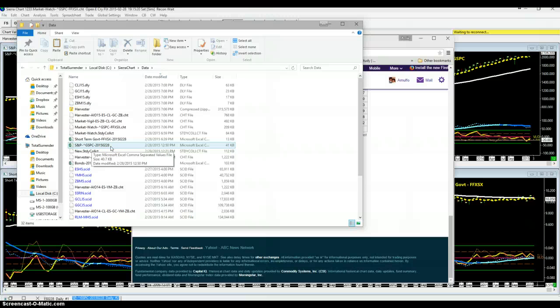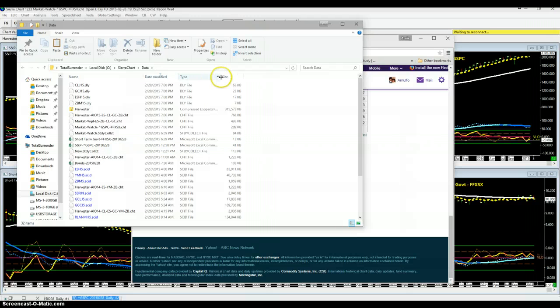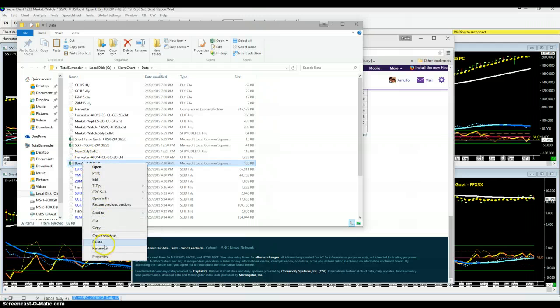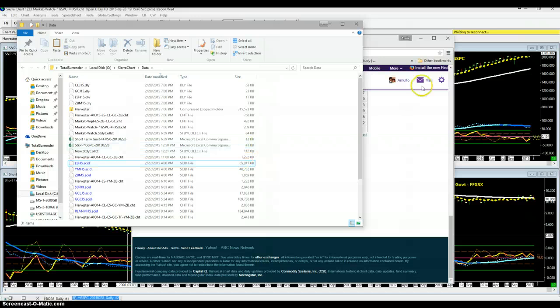And Sierra Chart can open up CSV files, and this is a comma delimited or comma separated file. So that can be opened by Sierra Chart. Let me delete that because I don't need that. Well, apparently I can't delete that. Come on, why can't I delete it? There you go. All right.